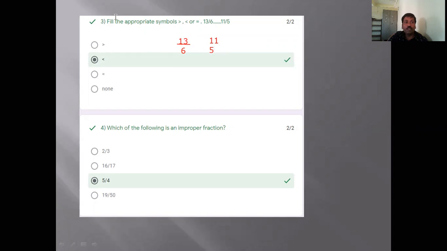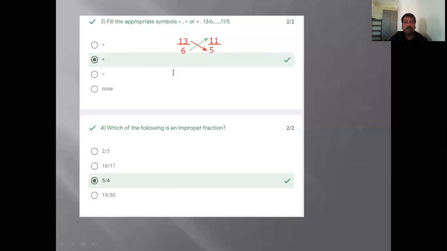To compare these fractions, we will multiply first this 13 by this 5, and after that we will multiply 6 by 11.